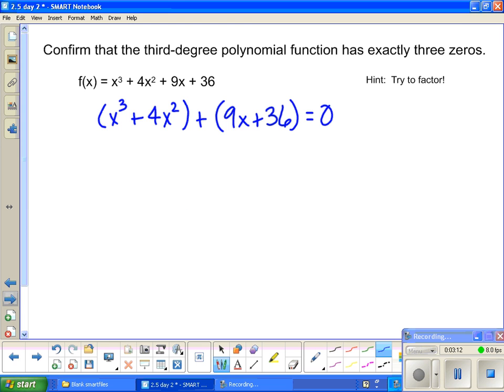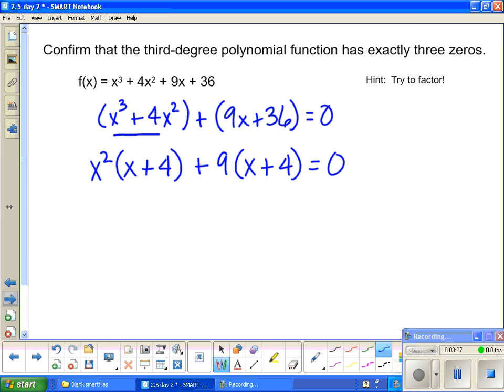Okay, so out of my first binomial, I can factor out an x squared. I'm left with x plus 4. Out of my second binomial, I can factor out a 9, and I'm left with x plus 4. Now, out of the whole function that I have still there, I can factor out an x plus 4, and I'm left with x squared plus 9.